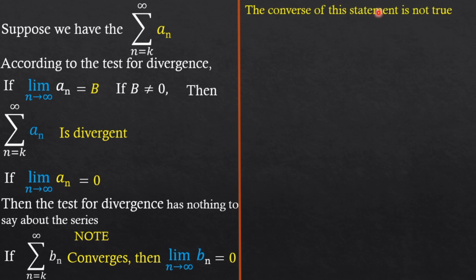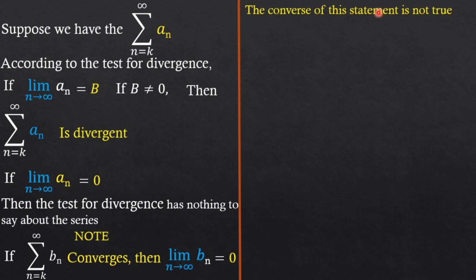Now guys, let me explain so well. If a series converges, it therefore means that the limit as n goes to infinity of the sequence part of the series must give you 0. But that does not mean that when you take the limit as n goes to infinity of the sequence of a series and it gives you 0, then that series converges.